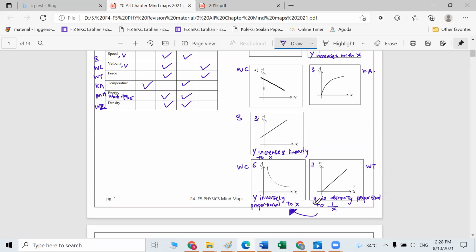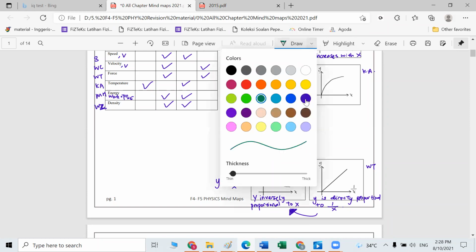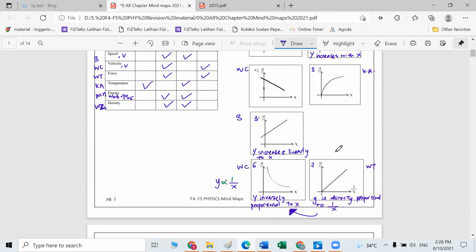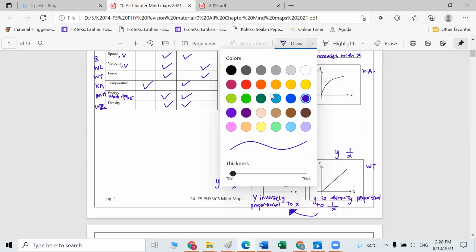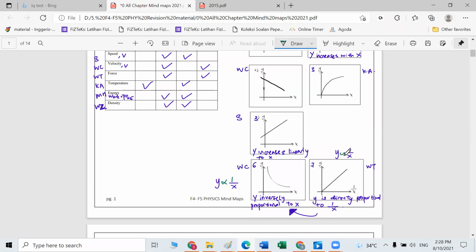Okay, so both of them, for this one y is inversely proportional to x. And this one is y directly proportional to 1 over x.